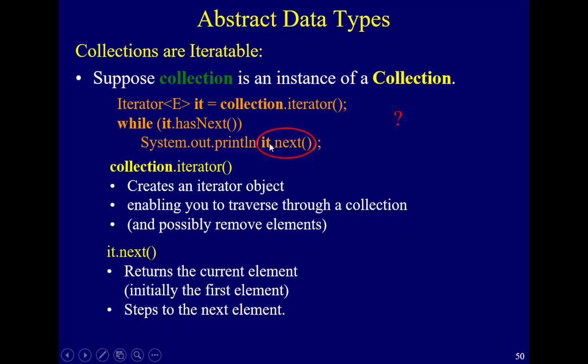As long as there is a next, move to it. If you moved to it when there wasn't one, it would probably give you an error, so that's why we're checking. As long as there is a next object, move to it, and tell me what the next one is so that I can print it.